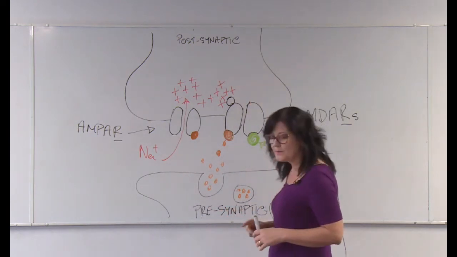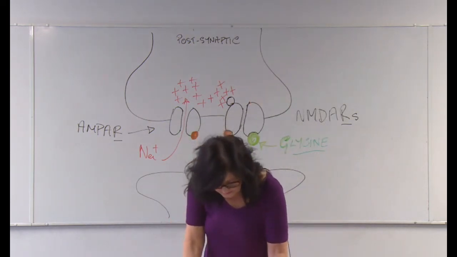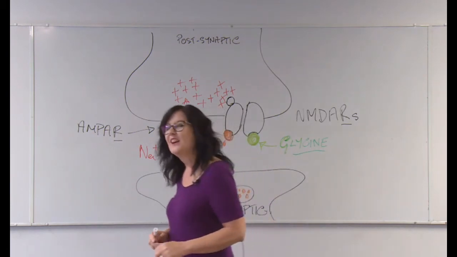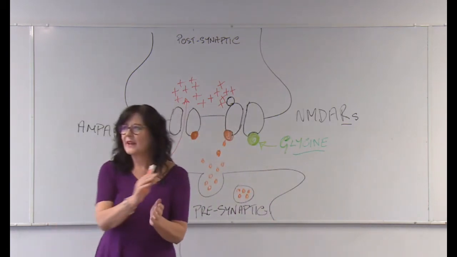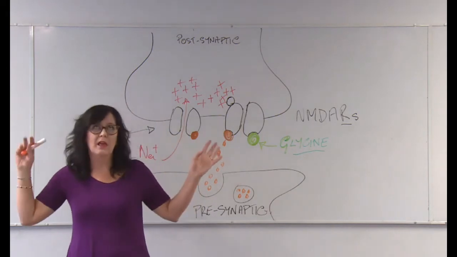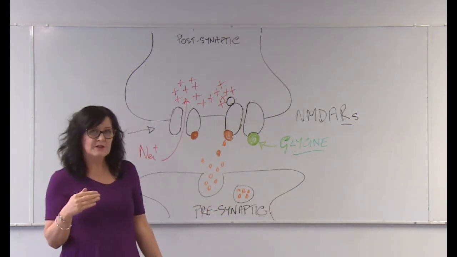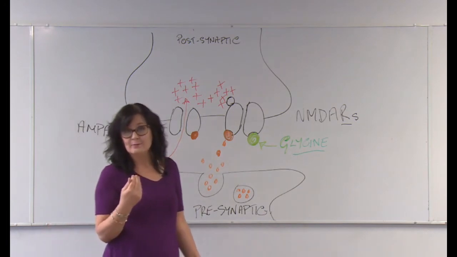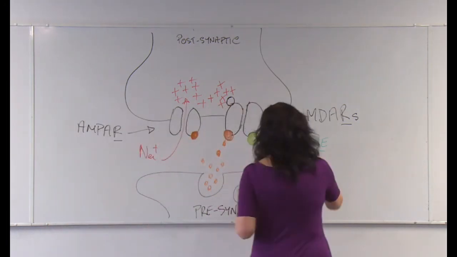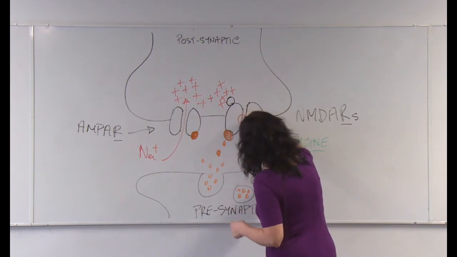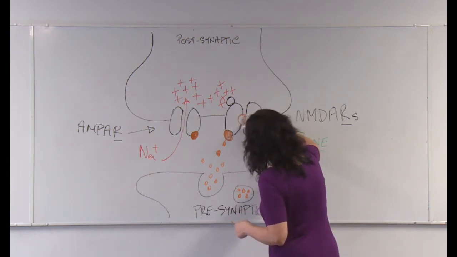When that happens, the NMDARs open, and they're really cool. We've always talked about channels just changing shape and opening. NMDARs, when they're closed, are blocked by magnesium. So we have magnesium, Mg2+, blocking the channel usually.